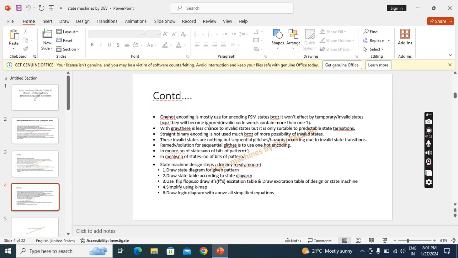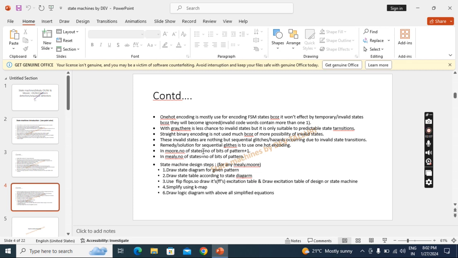With gray, there is less chance of invalid states and less chance of glitches, but they are suitable only when there is a predictable state transition nature. We don't use straight binary encoding because of more possibility of invalid states or glitches or sequential hazards. These invalid states create hazards or glitches.